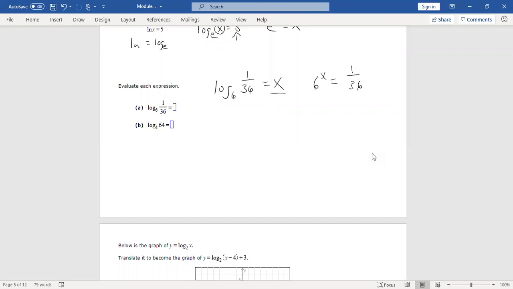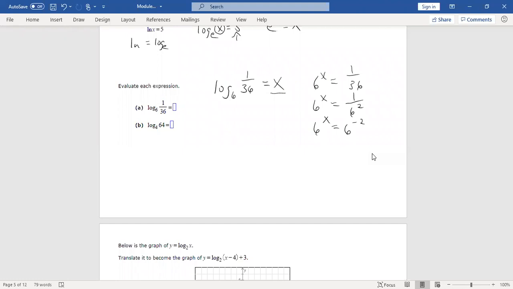Now you can rewrite 36 as 6 to the second power. Since it's in the denominator, remember, that would be a negative exponent. So this would be 6 to the x equals 6 to the negative second power. We're saying 6 raised to what power gives us 6 to the negative second?